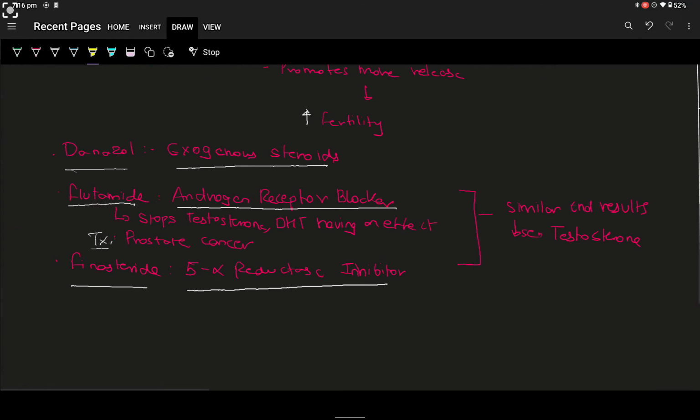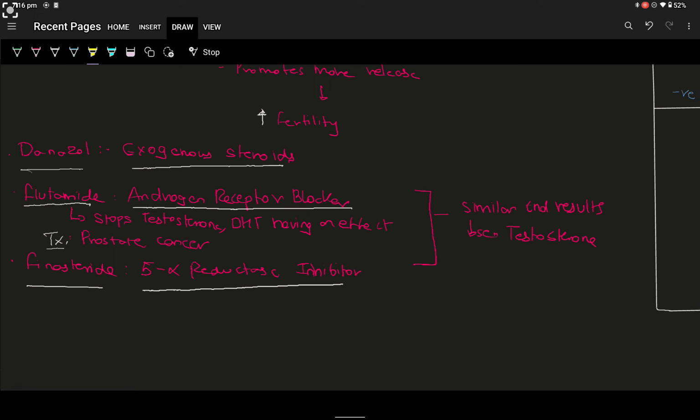The other drug which we have is Danazol. Danazol is an exogenous steroid. The other one which we have is flutamide. Flutamide is an androgen receptor blocker that will stop testosterone and dihydrotestosterone from having an effect. So basically, it will prevent androgens from acting on the testosterone and dihydrotestosterone receptor.